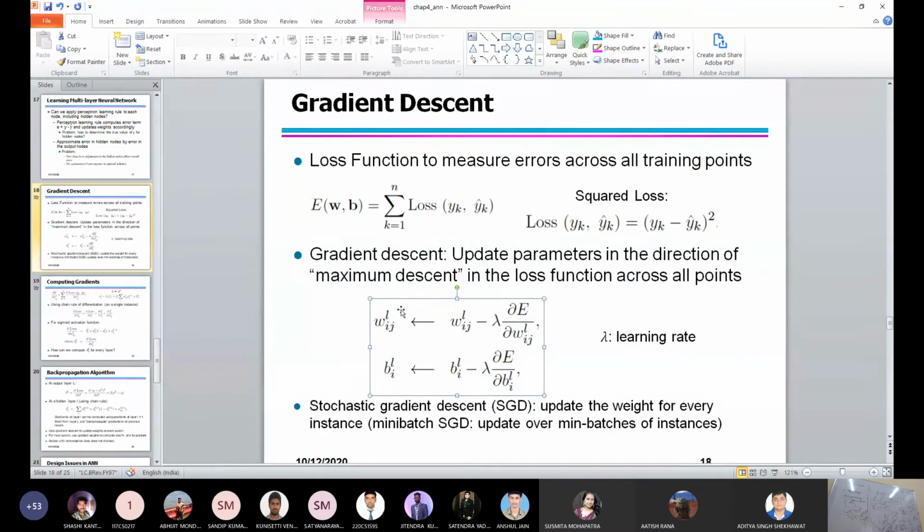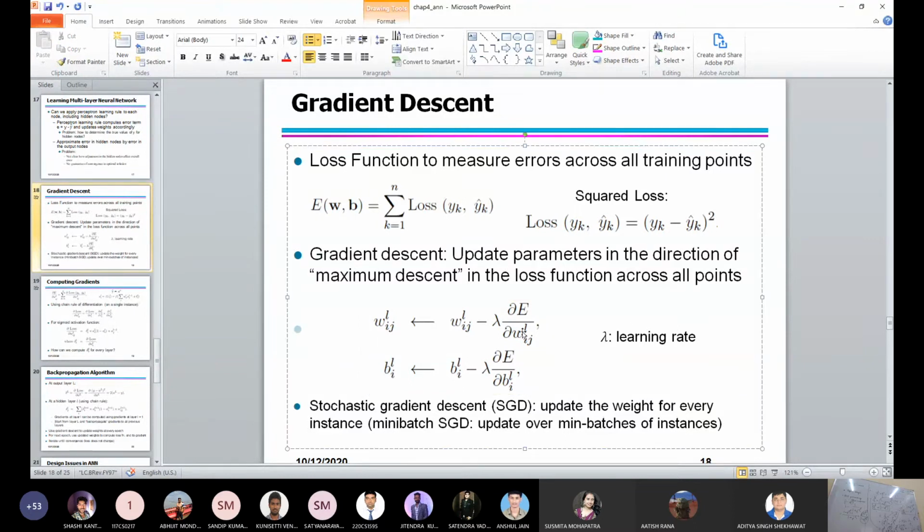For a single weight, the formula is: the new weight is the earlier weight minus the partial derivative of the loss with respect to Wij at level L.